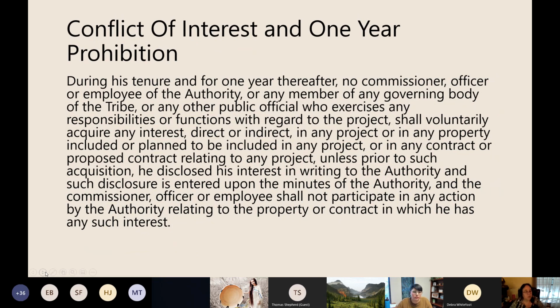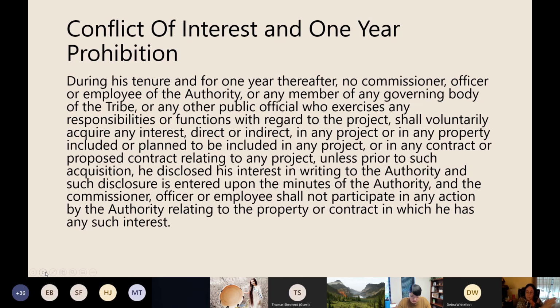And the wording for that is usually, during his or her tenure and for 1 year thereafter, no commissioner, officer, or employee of the authority, any member of the governing body of the tribe, so it goes out to your councilman, or any other public official who exercises any responsibilities or functions with regard to the project shall voluntarily acquire any interest, direct or indirect, in any project or property included or planned to be included in any project or any contract proposed relating to any project, unless prior to that acquisition they disclose his or her interest in writing to the authority, and such disclosure is entered upon the minutes of the authority.